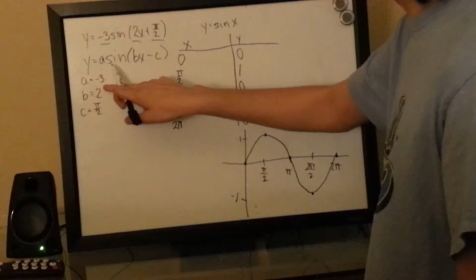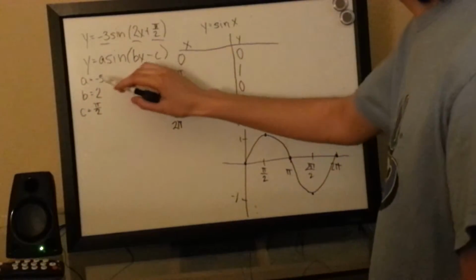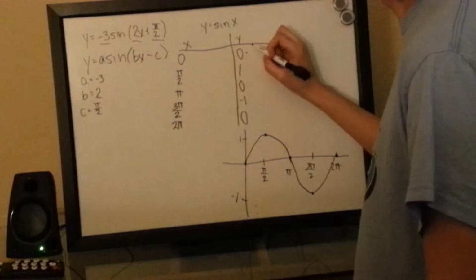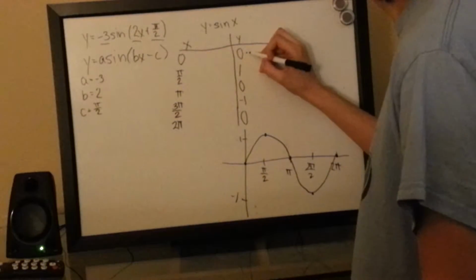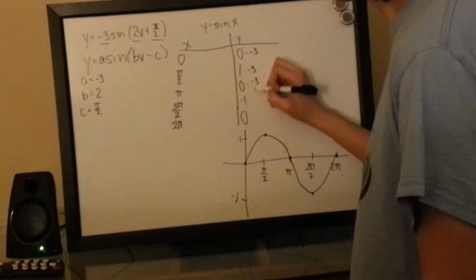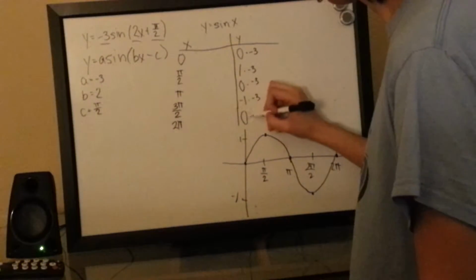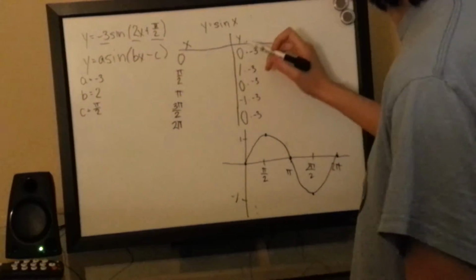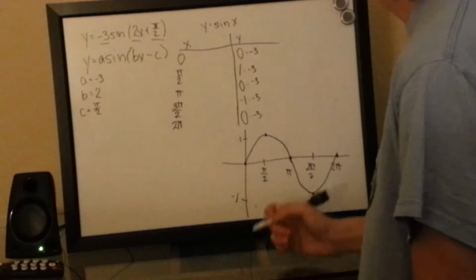So with a, we're going to take this number and multiply it by our y values on our parent function. So a is always going to be multiplied by our y values.